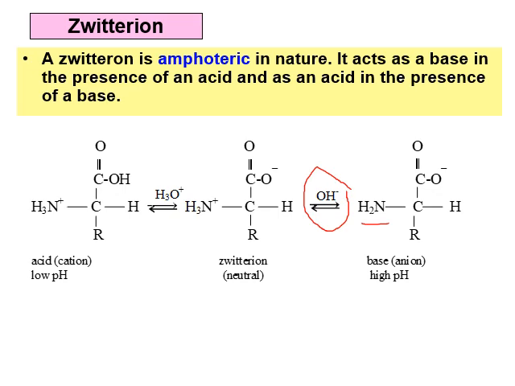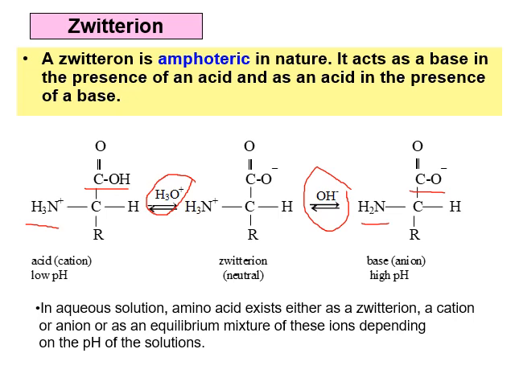The acid will try to donate its proton, isn't it? And on the left hand side, when amino acid is in acidic medium, the carboxyl group will remain unchanged. Acid in acidic medium, no changes. But the base in acidic medium will play its role, which is to accept the proton. Okay, so that is the difference when zwitterion is placed in a basic medium or in an acidic medium.